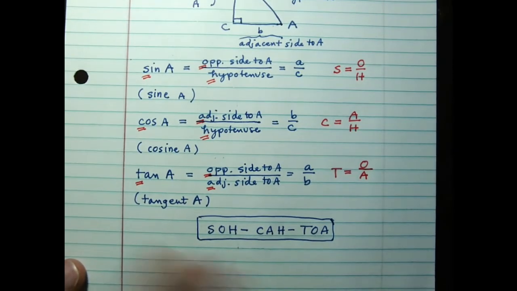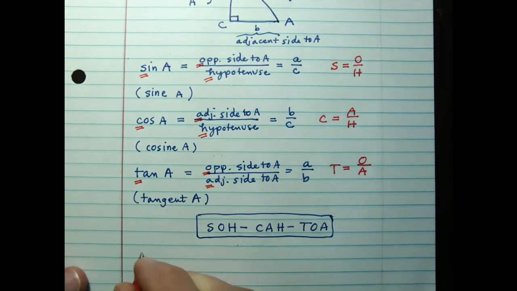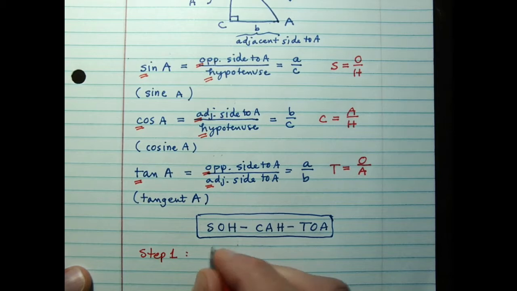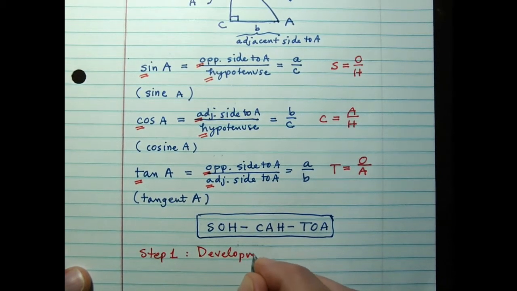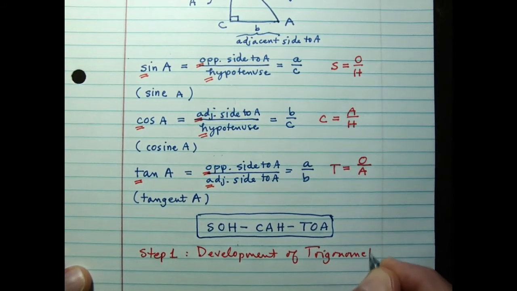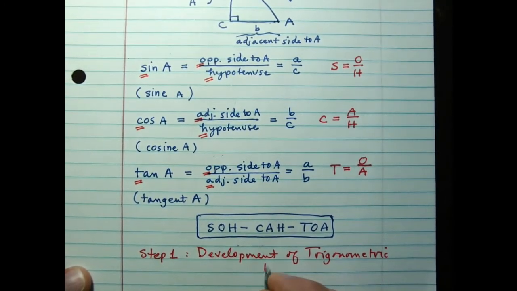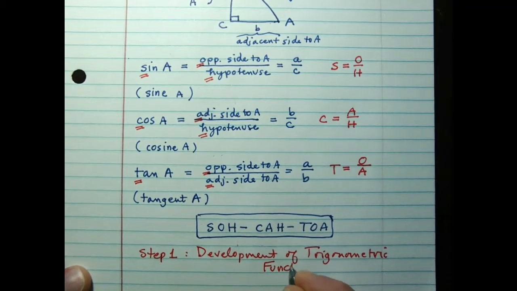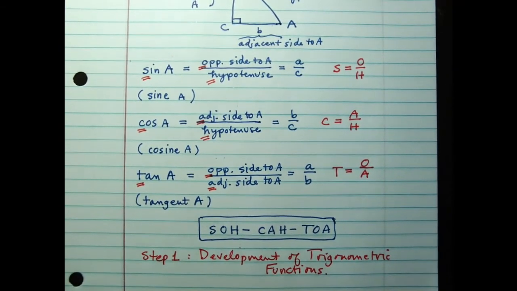And this definition is actually our step one in our development of the trigonometric functions. We're going to take this a lot further in the weeks ahead. But we're also going to always hang on to this Sohcahtoa because we're going to find out it's helpful all the way through to the end.